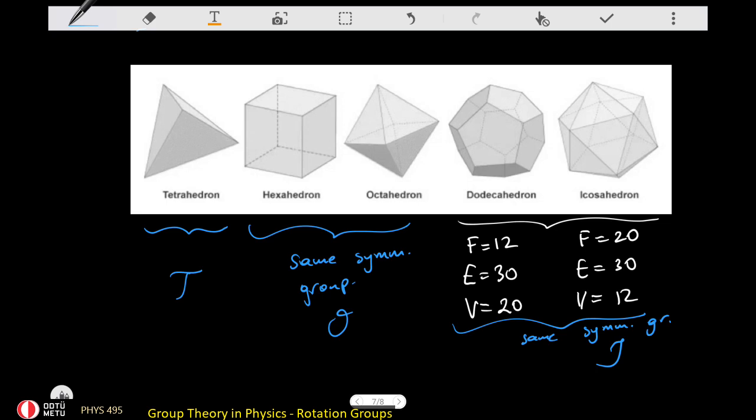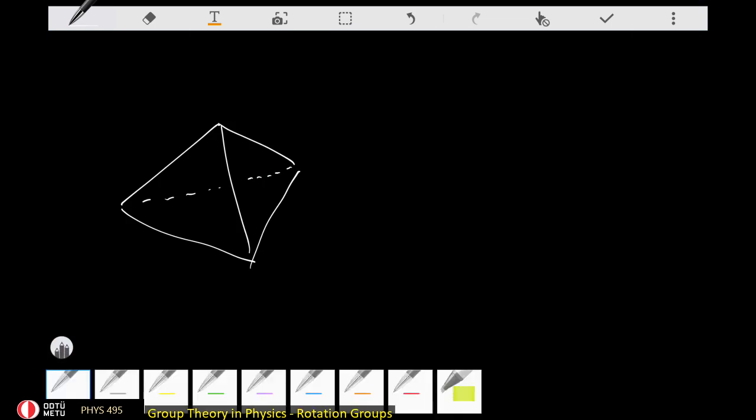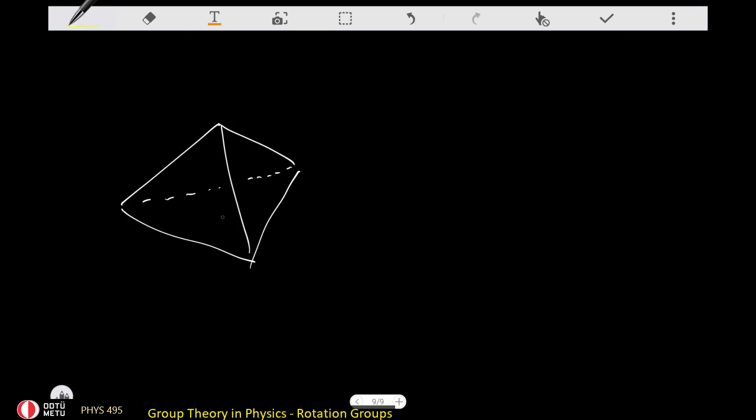So let me also talk about this. If we have a tetrahedron in here, like that, it basically has 4 faces with 4 corners. Let's talk about the midpoints of each face. This triangular face has this midpoint or central point. This triangle has this point.